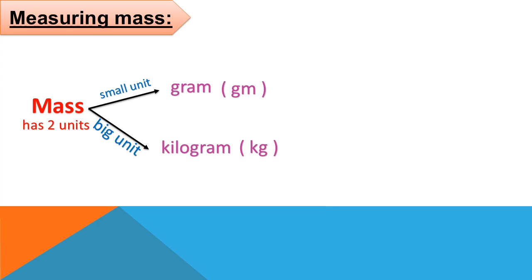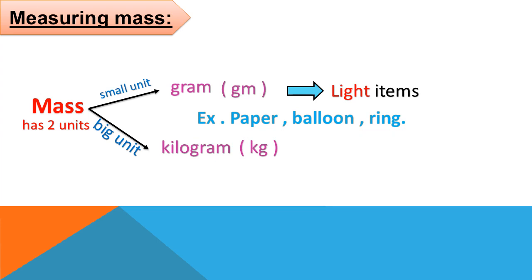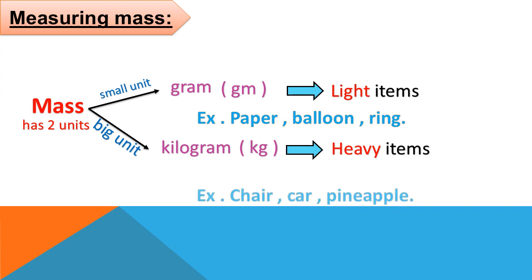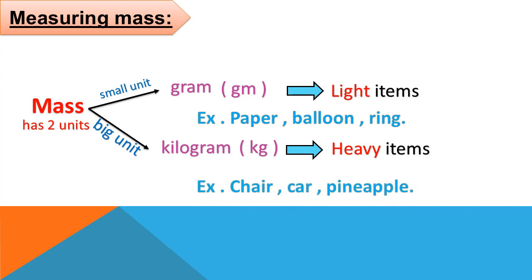We use gram, the small unit, for measuring the light items. Light items like paper, balloon, ring, feather. And the big unit, kilogram, and its abbreviation is kg, is used for heavy items like chair, car, pineapple.